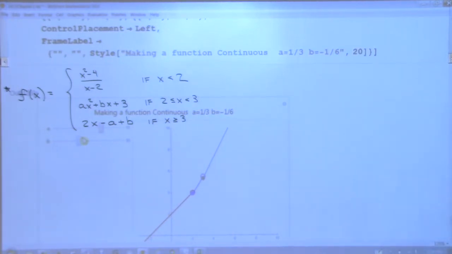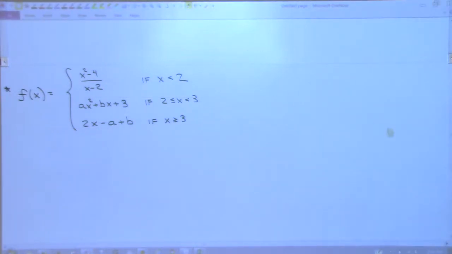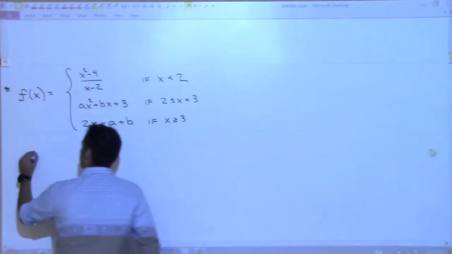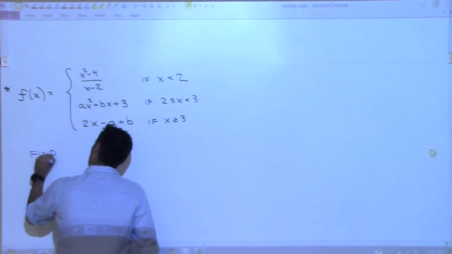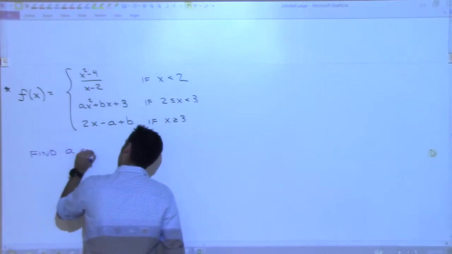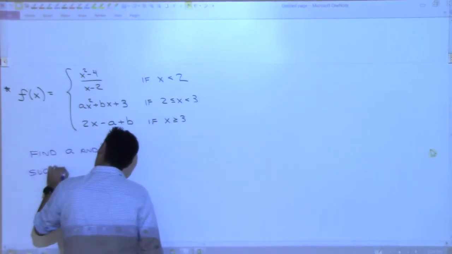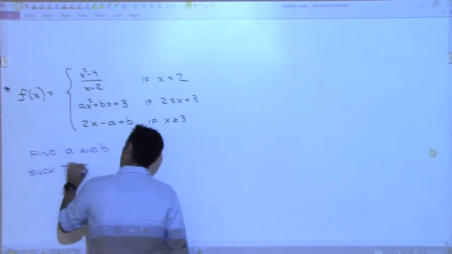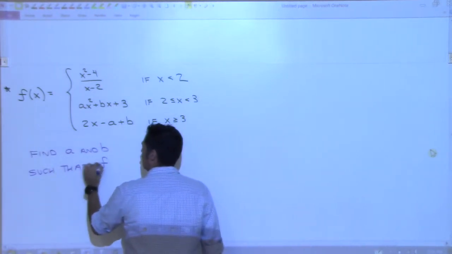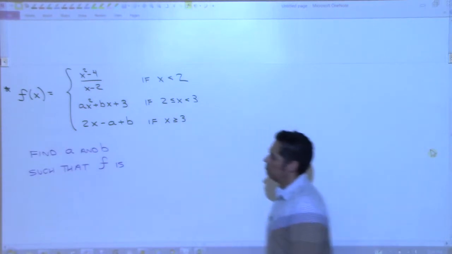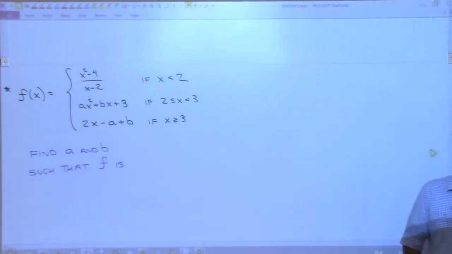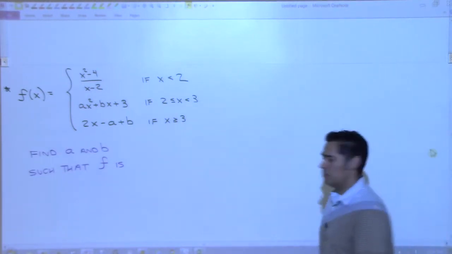And that's the question. So let me post the question up here and then we'll go do it. Find A and B such that F is continuous everywhere.